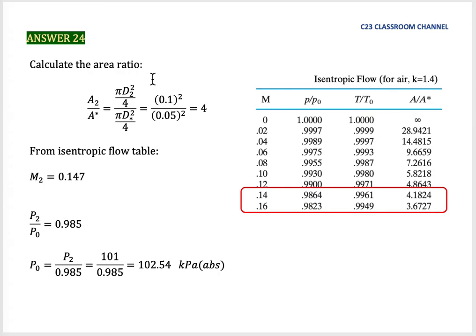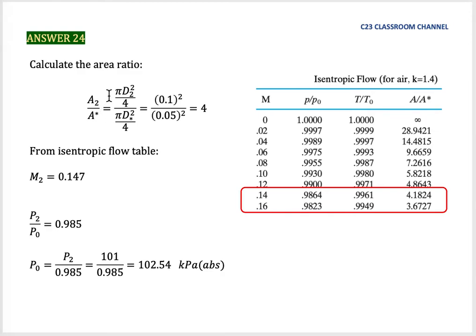First, we calculate the ratio between the exit cross-section area and the critical area. I hope you still remember that for critical area where Mach number is equal to 1, we show the parameter with asterisk here. So the A star here is referred to the cross-section area at the throat.